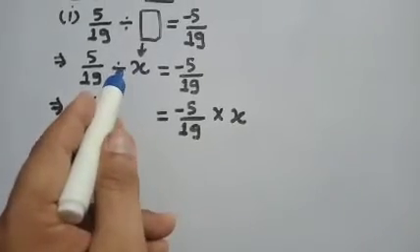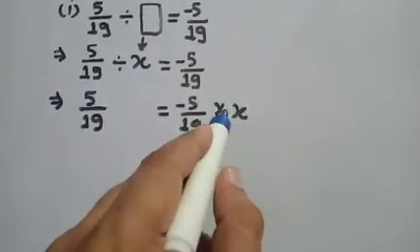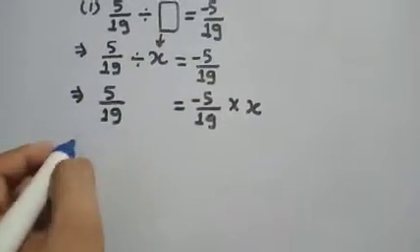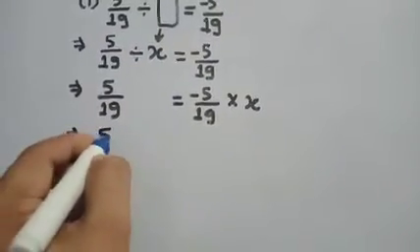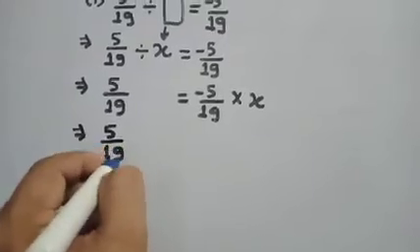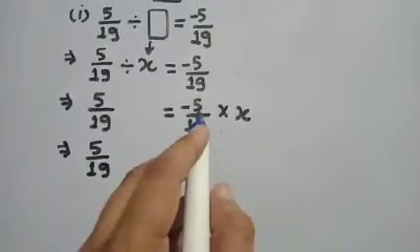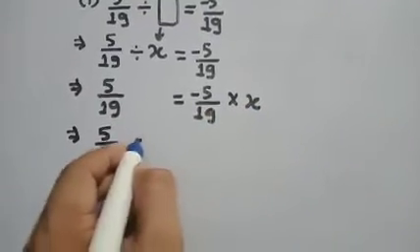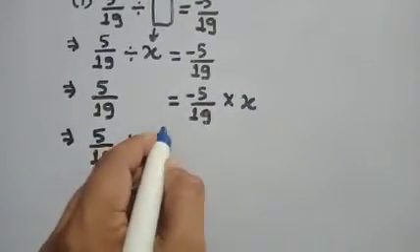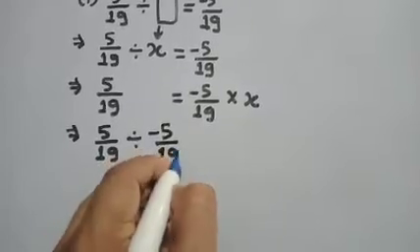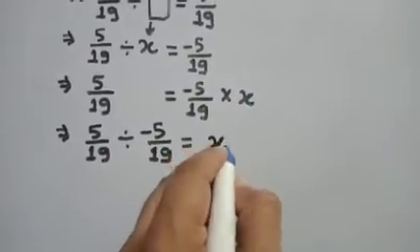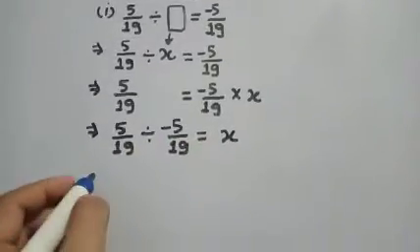Whenever x comes in product form, then you will find the answer, otherwise no. Now 5/19. Now transfer minus 5/19 from right to left side. Here it is in product form, then this number moves to division form. Is equal to, here x will remain.